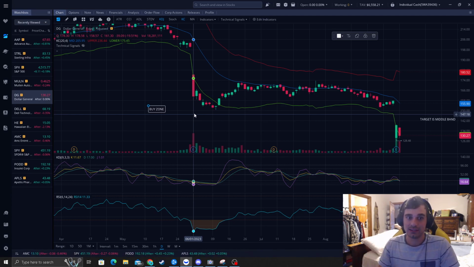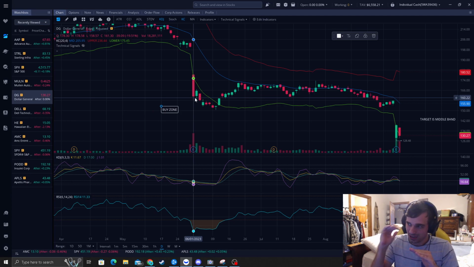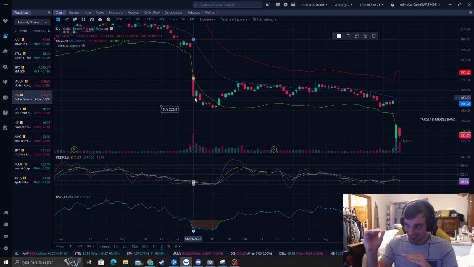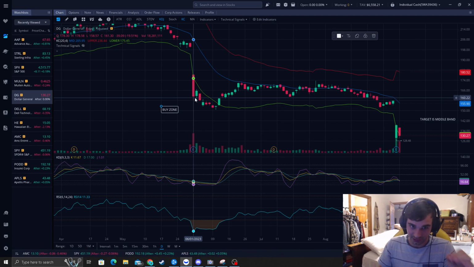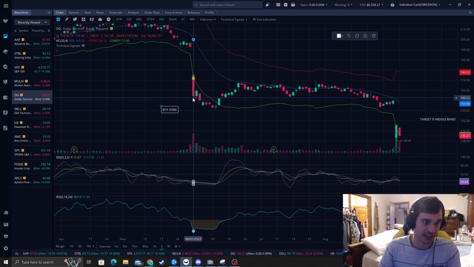For buys, you want to look for, honestly, at least less than 10, but my zone, I tell people, I want to look for like 8 on the K. So right here we get a drop straight to 11 on the K.